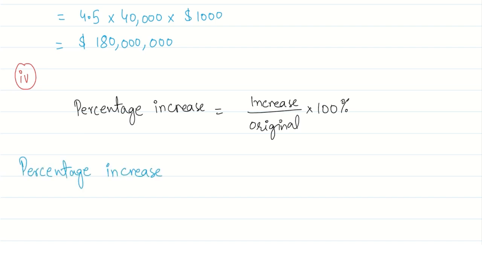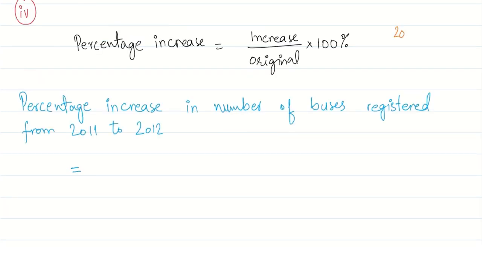In 2011 there were 5.5 buses, and in 2012 the pictogram says that the number of buses is 6.5.